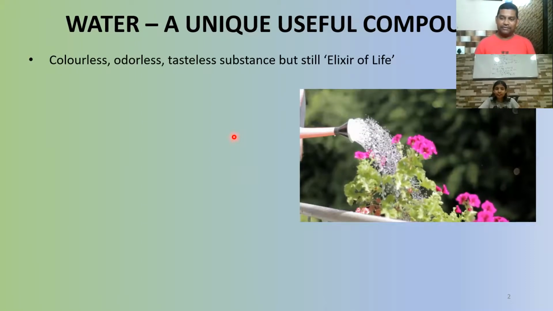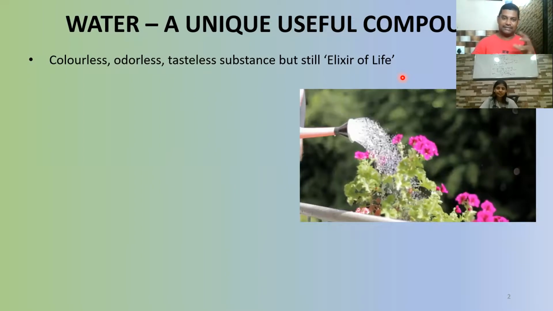So what are the important points about water? This compound, this substance, we call the elixir of life. No life can exist without water. Elixir means one of the most important basic requirements. You have learned about the structure of a cell also.